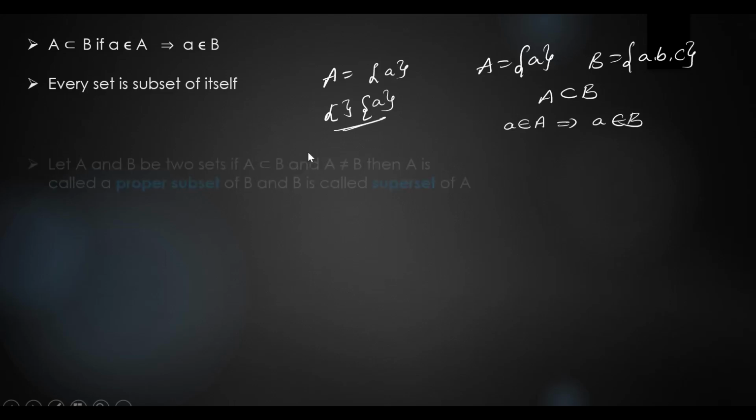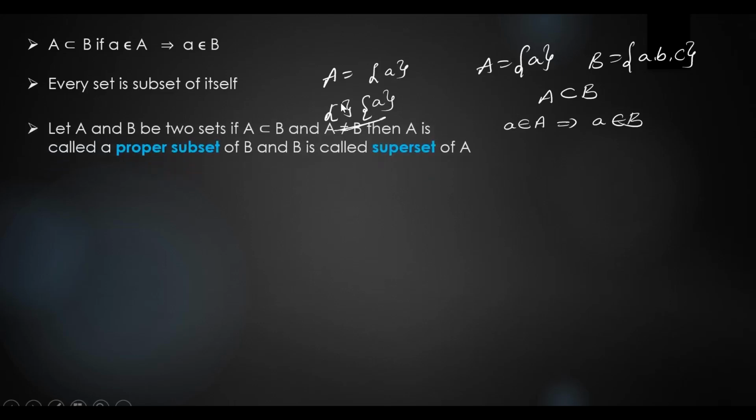And the next point. What is the next point? Let A and B be two sets. If A is a subset of B and A is not equal to B, then A is called a proper subset of B, and B is called a superset of A. Let us examine this one.